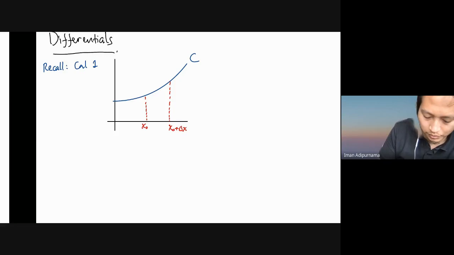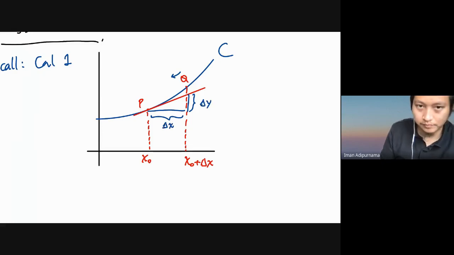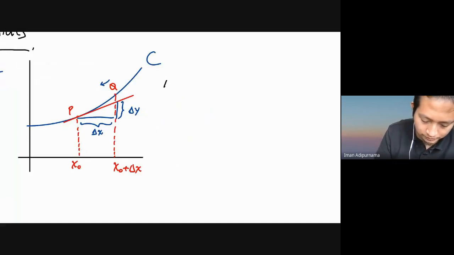So if we say this is PQ, and Q is getting closer to P, we can have this tangent line, right? And this tangent line has two components. If you look here, we can write the delta y.